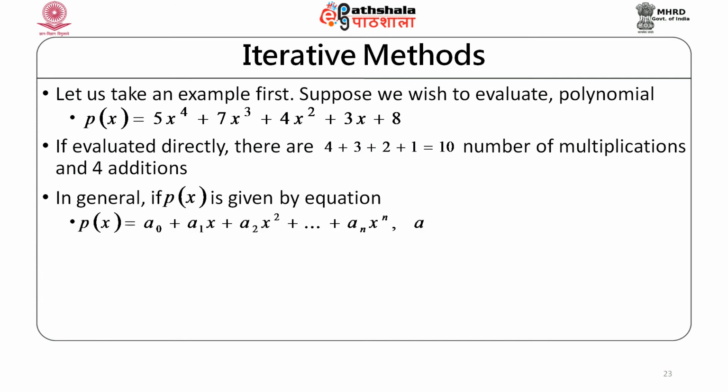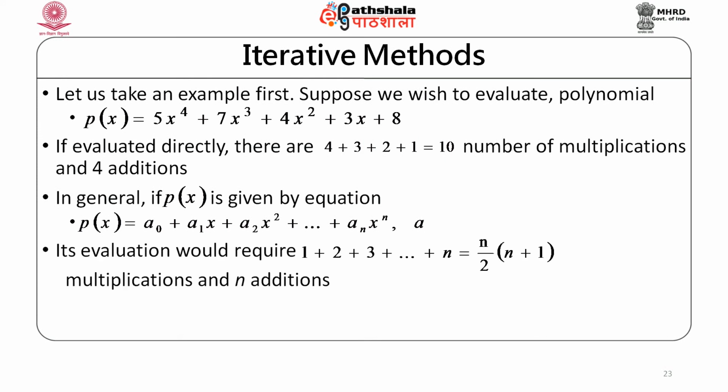In general, if we take a polynomial P(x) of degree n, the number of additions will be n. For multiplications, a1 into x will give you 1, a2 into x square will give you 2, a3 x cube will give you 3, and so on. n into x raised to n will give us n multiplications.